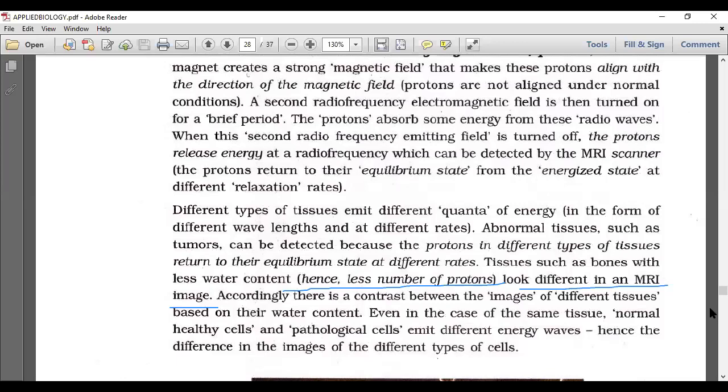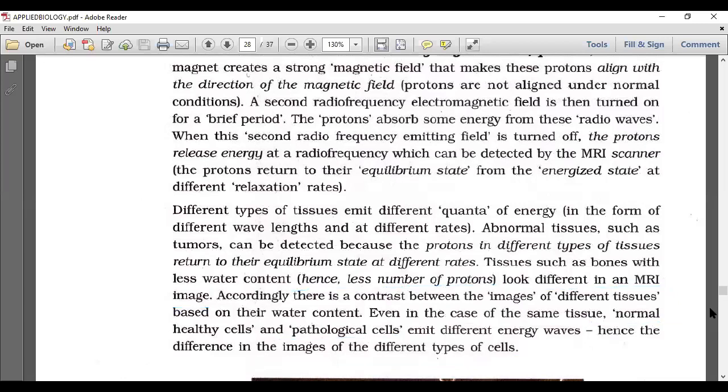Even in the case of same tissue, normal healthy cells and pathological cells emit different energy waves. That we are going to recognize and that we are going to record in MRI. MRI is said to be very accurate and exact. What is going to happen inside the body will find out easily through the MRI. Okay. Hence, the difference in the images of the different types of cells that you can see.